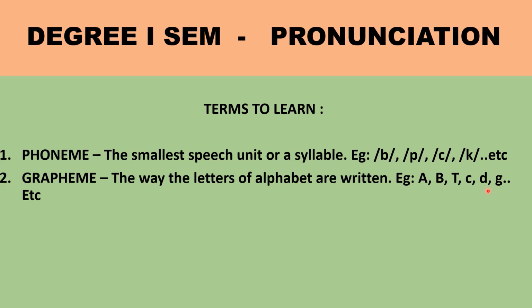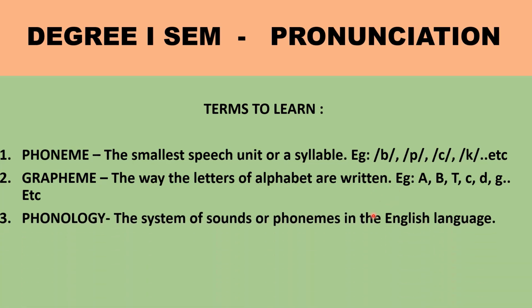D is the grapheme and D is the phoneme. G is the grapheme and sometimes G or J is the phoneme. So the graphemes are different, students, and phonemes are different. Hope it's making some sense.